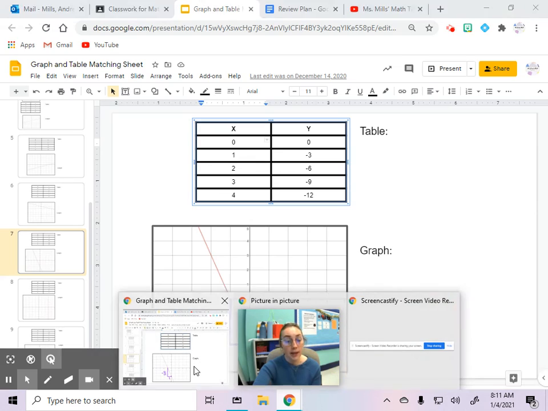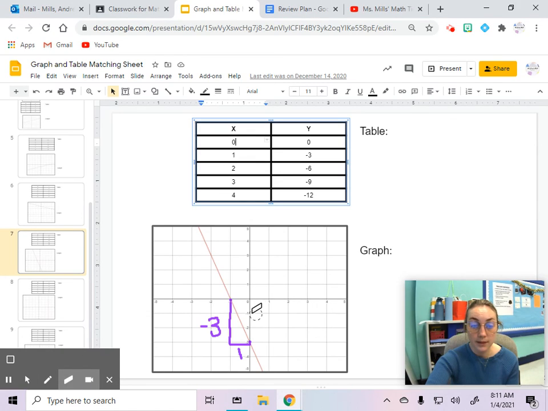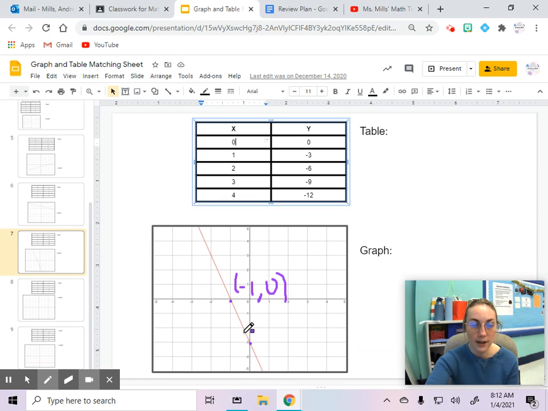And guys, there's another way you can find the slope of a graph. You can find two ordered pairs. Like, again, I chose these 2 points, right? This ordered pair right here is -1 and 0, all right?